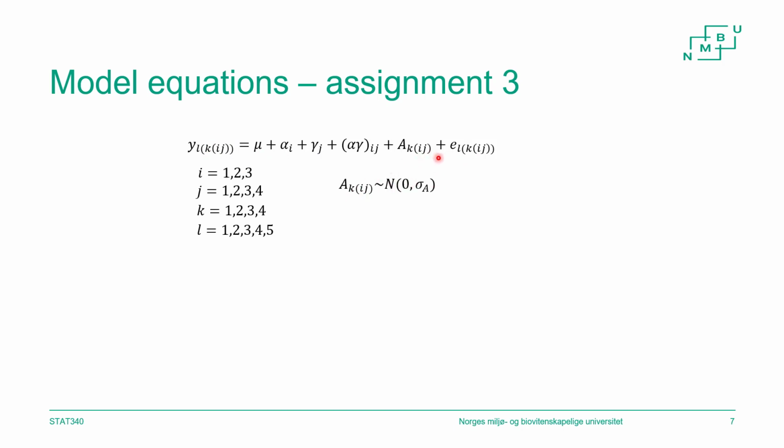And of course there are 2 random terms here, stochastic terms, right? This one is random, normal distributed with some standard deviation, no expected value, because all the expected part of the response is described by these here, right? The Greek letters, they are the fixed part, that adds or subtracts something.